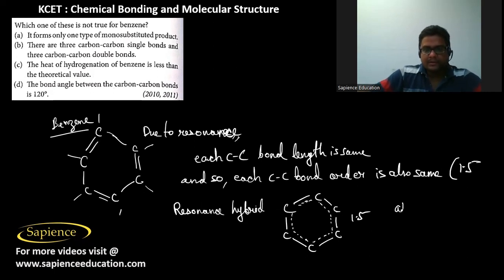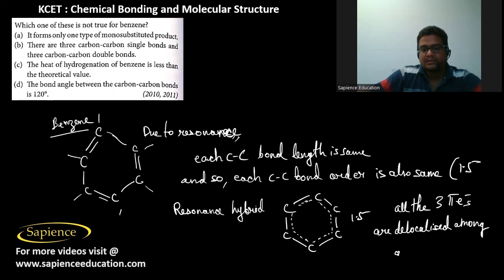Here the 3 pi bond electrons are delocalized among all the 6 bonds. So it means we can't say that it has 3 carbon-carbon single bonds and 3 carbon-carbon double bonds.